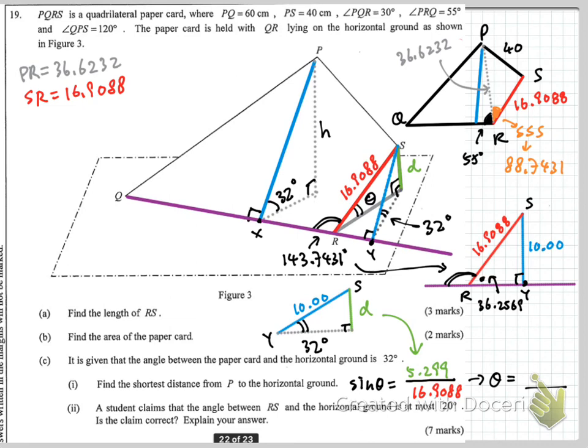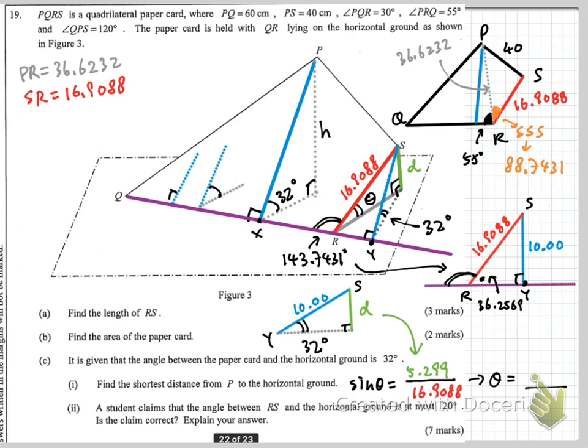So that is the whole story. First of all, you have to identify the angle. The angle theta is the one here. You want to compare whether this one is greater than or smaller than 20 degrees. You know that all the blue lines parallel to the original blue line, as long as they are perpendicular to the purple line, the common line, make 32 degrees with the ground level.